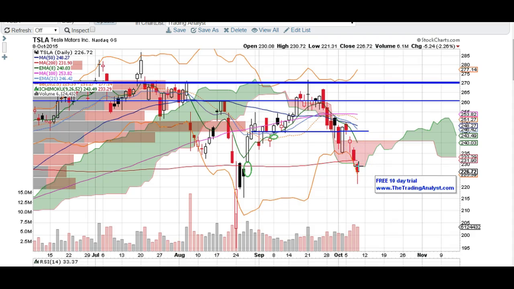Okay, so moving forward, I'm going to look for a break over these highs and over the 200-day moving average to maybe signal that we're going to fill this gap up here and maybe even this gap up here. Okay, so just to be clear, again, I don't have a position. I'm just looking for a possible bounce scenario. I'm not sure if we're going to get it because obviously this is some pretty bearish action on Tesla.